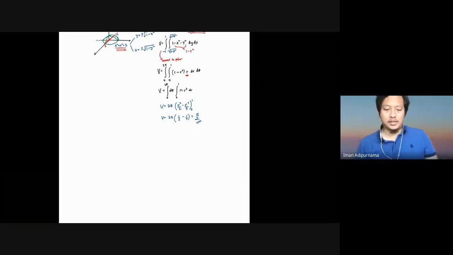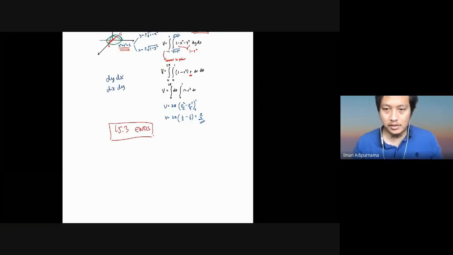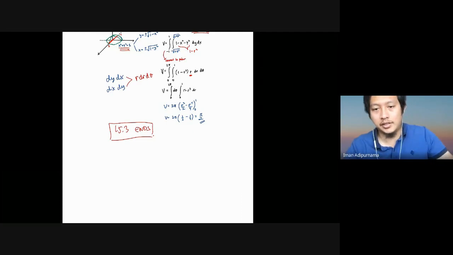Any questions first? So every time you have dy dx or dx dy, sometimes it will be easier if you just use polar, if you can relate the equations into polar, unless it's not polar.